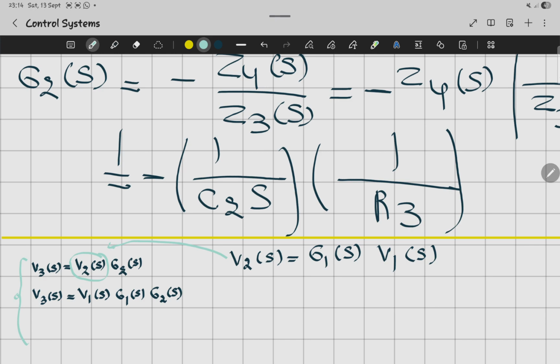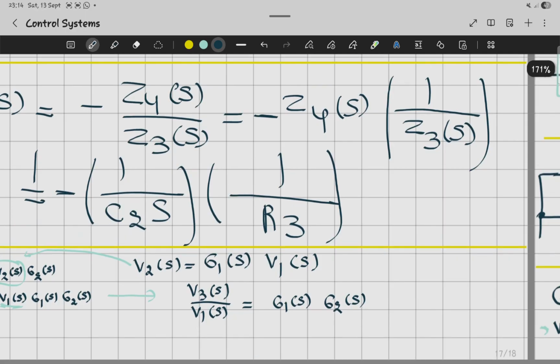That's why we got what you see at the bottom, and from there we were able to solve for V out over V1. If you consider this equation, it's going to be V3 over V1 equal to J1(S) times J2(S). That's what you see there.